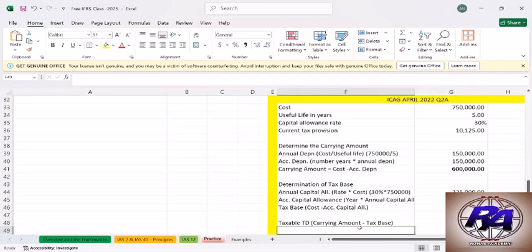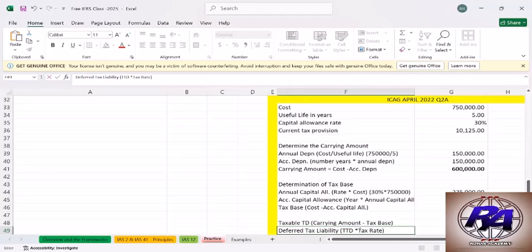So once we've gotten this, then we know that we have a deferred tax liability, because it's a taxable temporary difference. Our deferred tax liability is going to be our taxable temporary difference multiplying our tax rate.